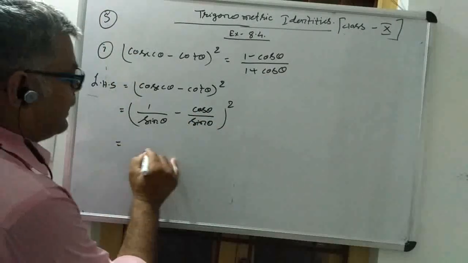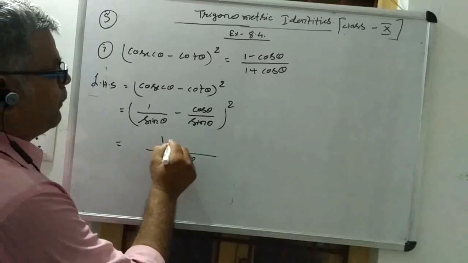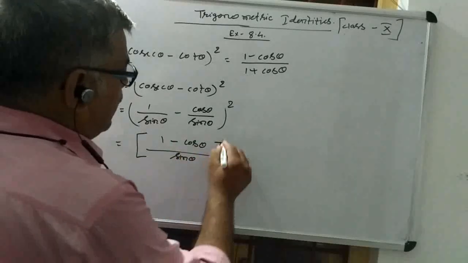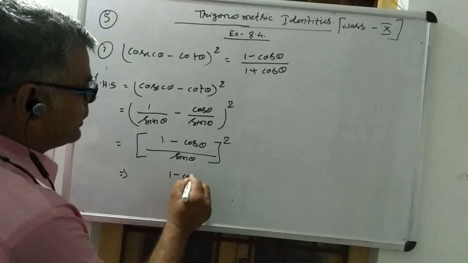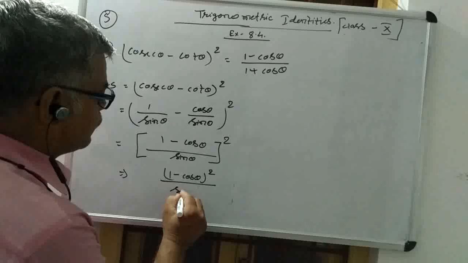Now you take the LCM, so you will have sin theta. So now 1 minus cos theta whole square by sin square theta.